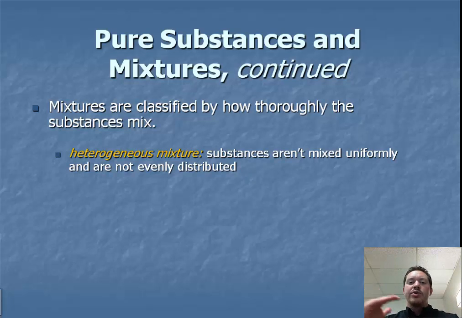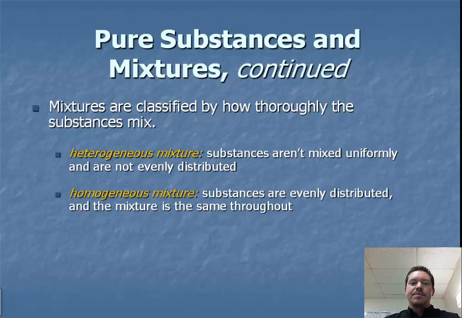So we get heterogeneous mixtures because they don't evenly mix. A homogeneous mixture is when the substances are evenly distributed and the mixture is the same throughout. If we add sugar to our coffee or put salt in water, we're getting a homogeneous mixture, with the salt or the sugar evenly mixed throughout that liquid.